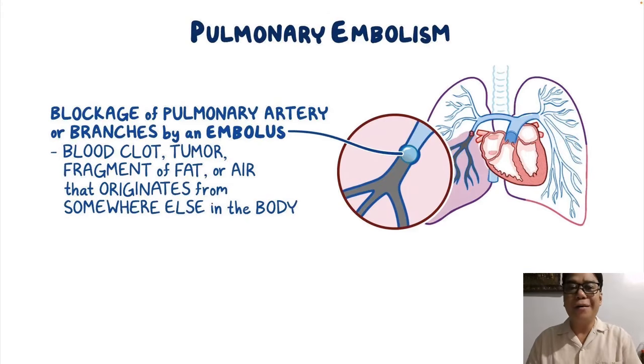Remember what we have discussed in the previous discussion: the egophony, the lung consolidation, the whispered pectoriloquy, what else? How do we auscultate the lungs? So basically, we need to assess all those things for patients with pulmonary embolism. Okay.